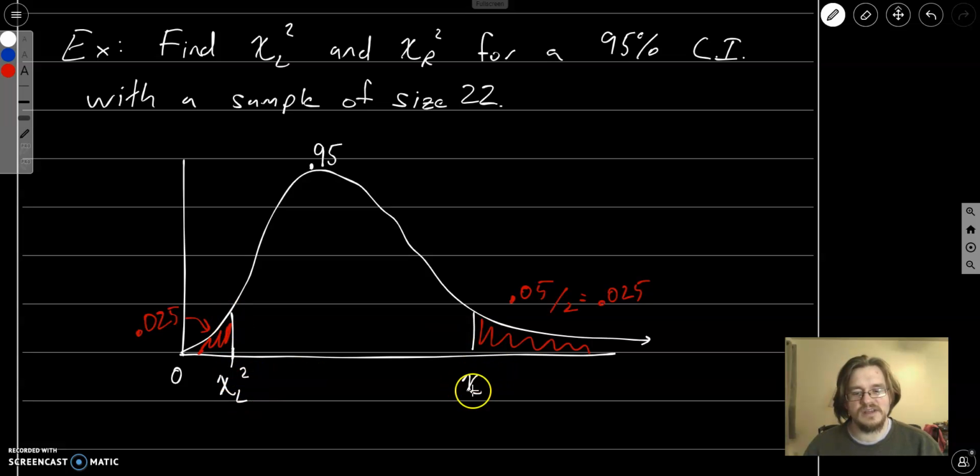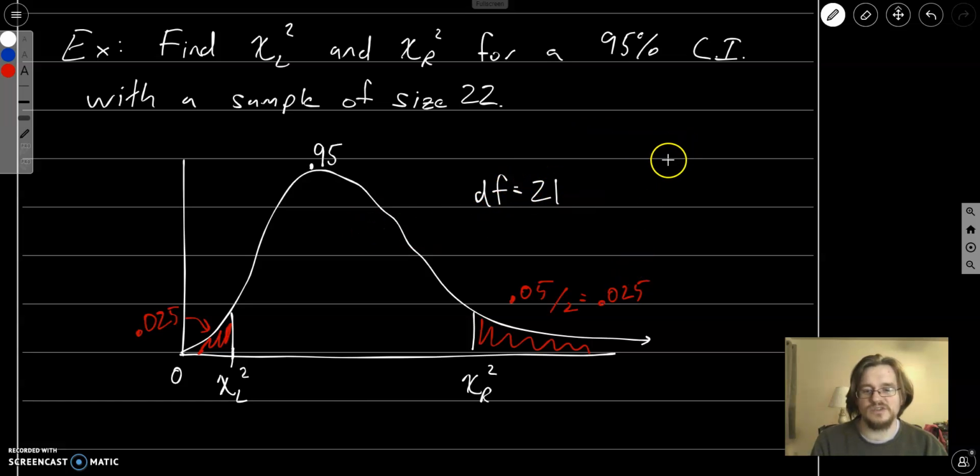And this is going to be the right critical value, chi R squared. Furthermore, this curve depends on the size of our sample, so the degrees of freedom for this graph is going to be 21, which is 22 minus 1.